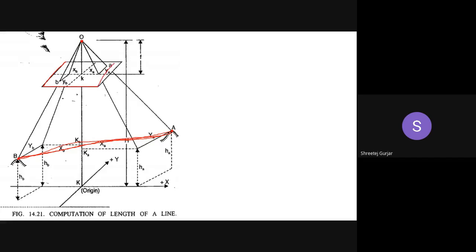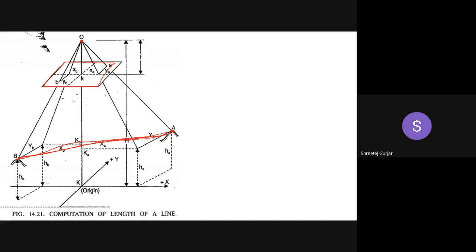Once we have the photograph in our hand, we can do a derivation, apply that particular equation, and directly find out the distance between A and B from the photograph itself. If you just have the photograph in hand, you can directly tell the distance between these two by applying some formulas.